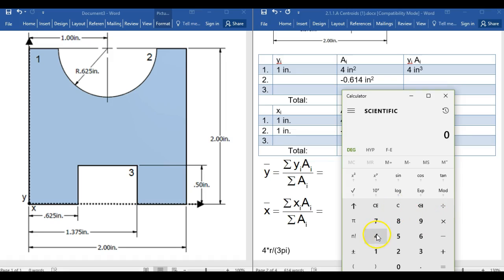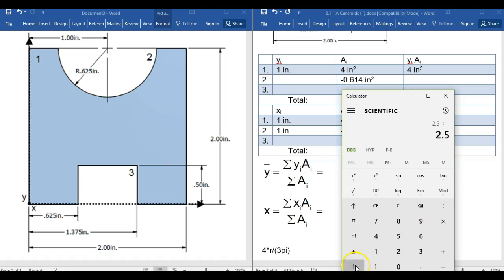Apologize. 4 times the radius, which is 4 times 0.625, which is 2.5, divided by 3 times pi.